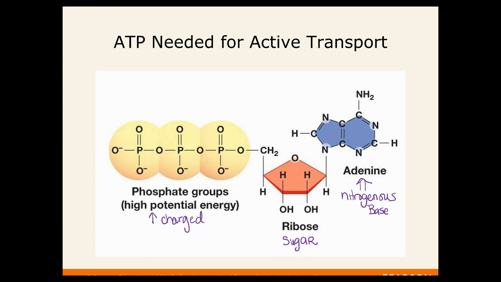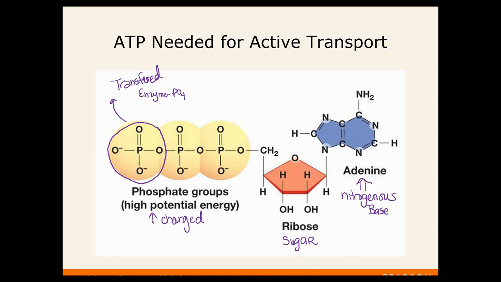And what we're going to see is that this phosphate here on the end is going to be transferred to other molecules. And when that bonding event occurs, let's say the molecule's an enzyme, that phosphorylation event, the fact that it's going to bond there, is going to release some energy.